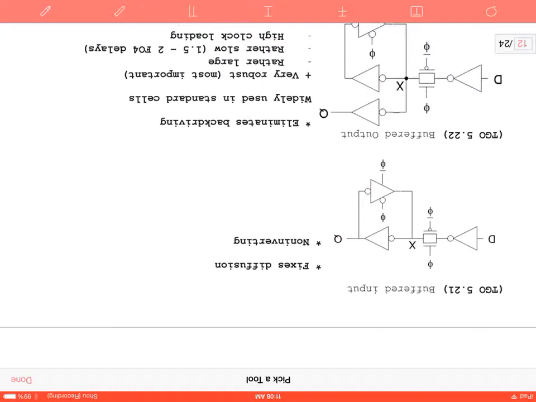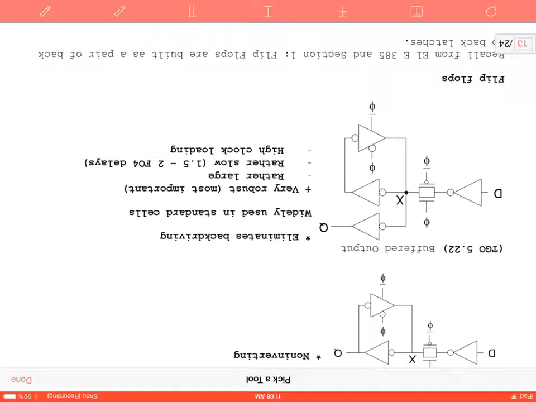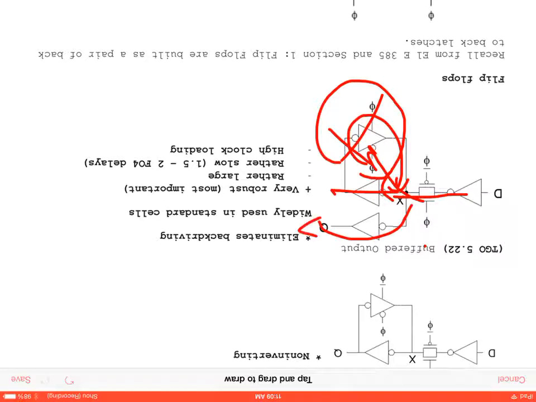Buffered input. Now we've added an inverter to try to get rid of this diffusion on the input, and now it's also non-inverting. We have also added this buffered output. We add a phi here, and since it's going to invert with this, it'll actually restore the signal only when we need it. That way, when this transistor passes, this inverter is going to be off, and it allows the output.